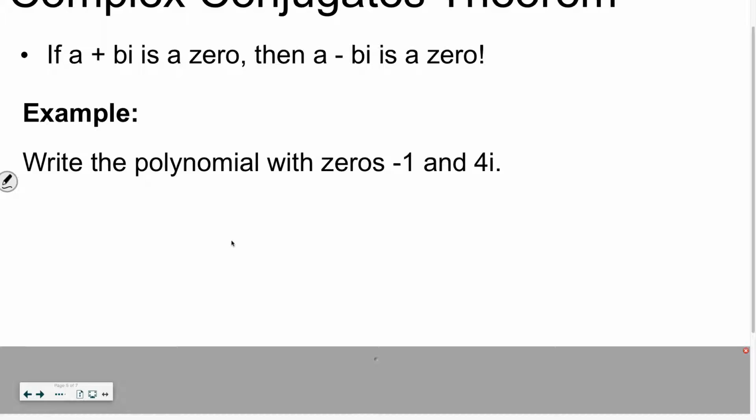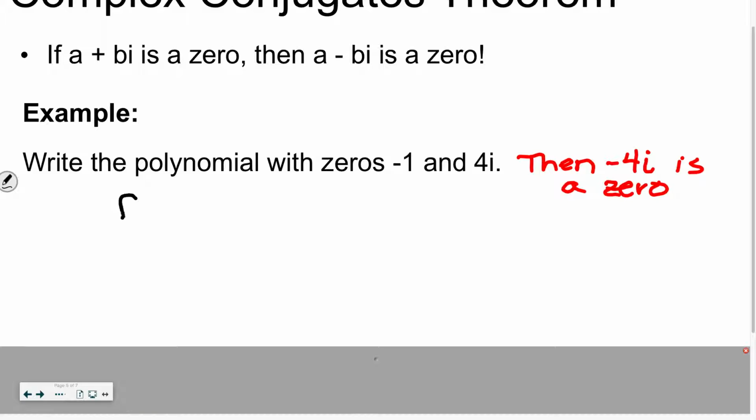How many do I know there actually are? There are really 3, because if 4i is a 0, what else is a 0? Negative 4i is a 0. So this would be one I would call one of our easier ones.